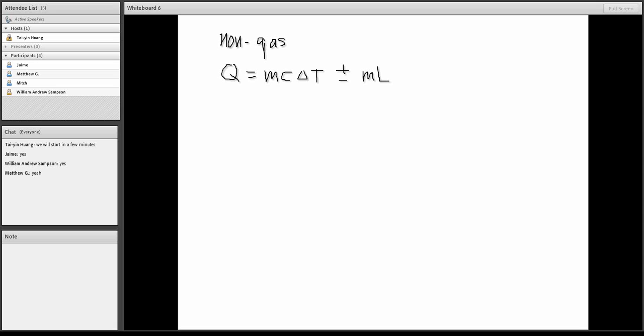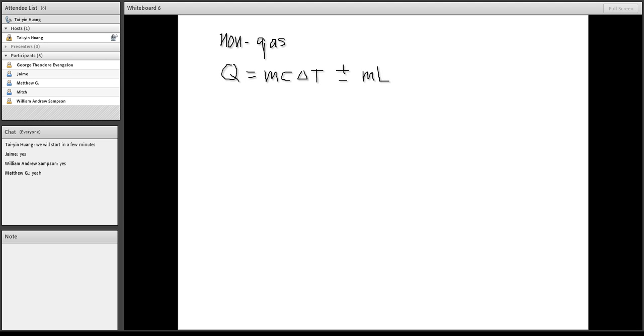So for all non-gas materials like solid and liquid, this is the equation that you want to use to calculate the amount of heat when the process involves temperature change or a phase change.